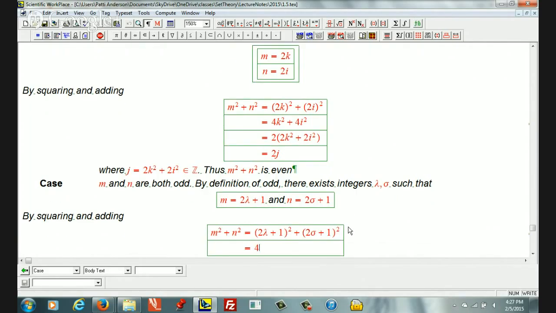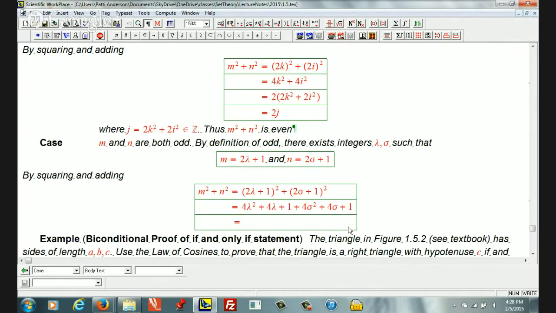Now that's 4 lambda squared plus 4 lambda plus 1, plus 4 sigma squared plus 4 sigma plus 1.